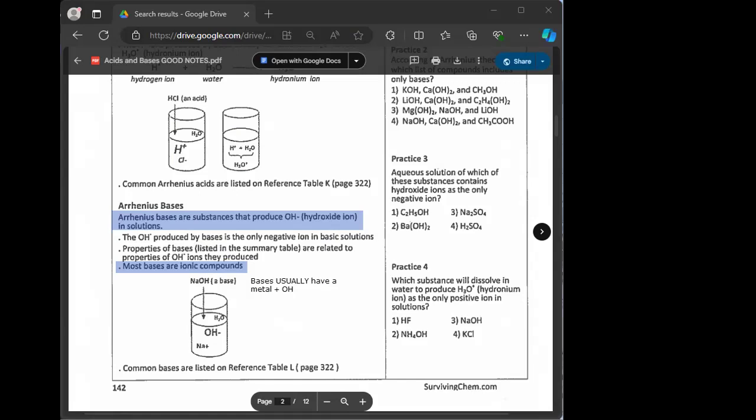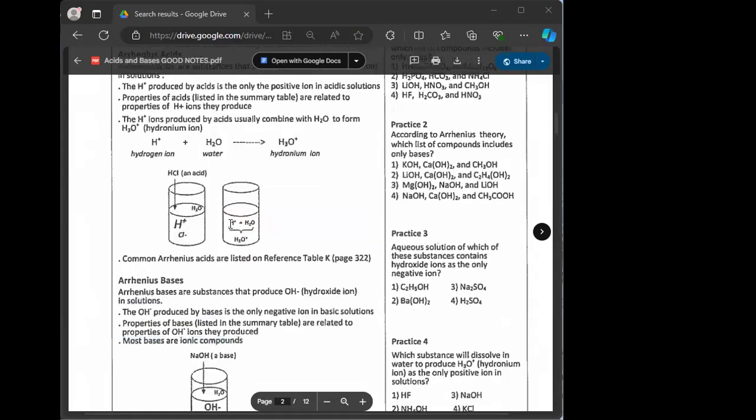So that means you need to be a little bit familiar with the periodic table and know which elements are metals or nonmetals. So it has to have a metal and an OH. So let me go back to practice question 2.